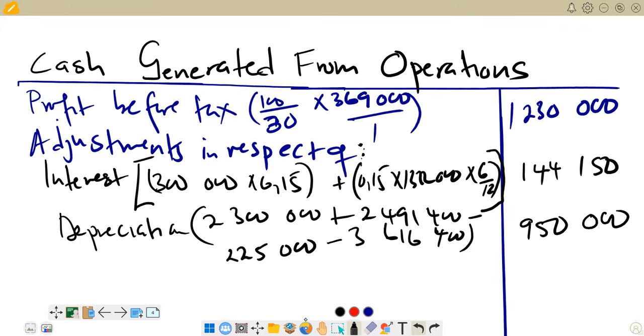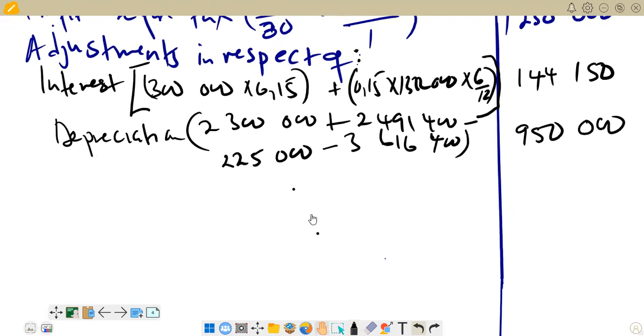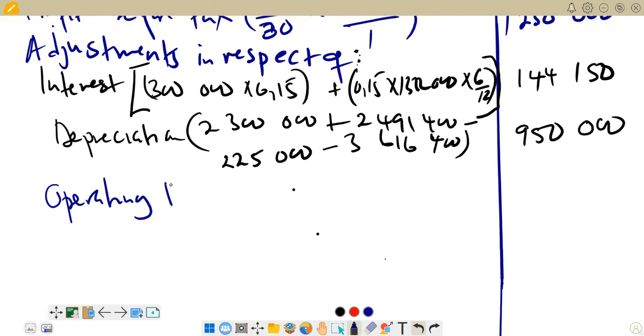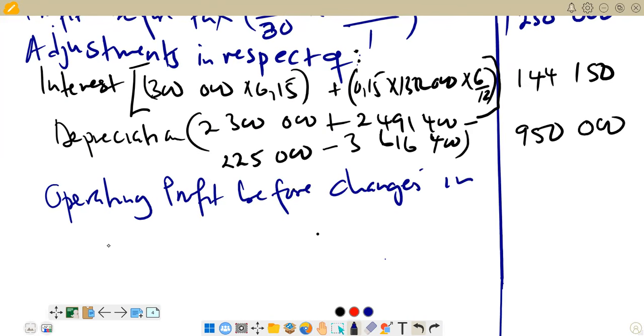So we add 1,230,000 there, then we add this 144,150, then we add also 950,000.